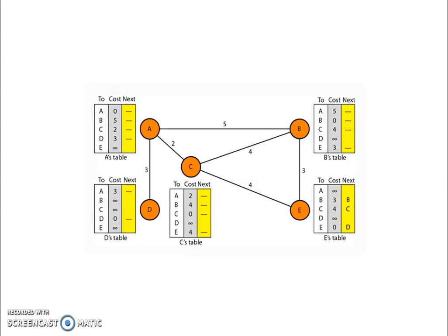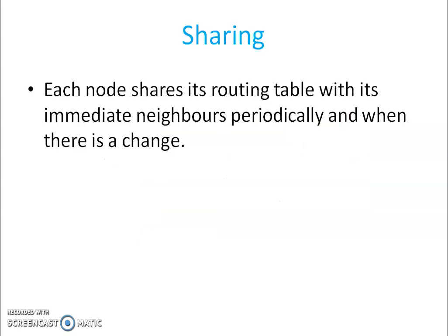The next step is sharing. What actually takes place in sharing is that each node shares its routing table with its immediate neighbors periodically and when there is a change. A change means a change in the network topology due to any node failure or some other problems.